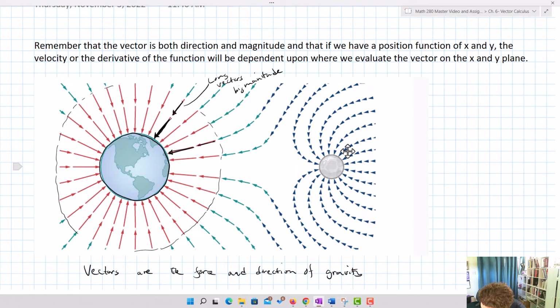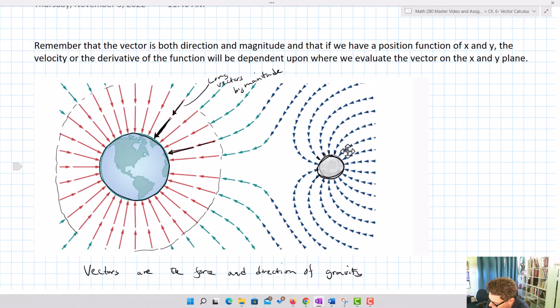Now on the other side, we've got the moon. And the moon's also a pretty big object, right? So close to the moon, we also have vectors of a certain length, and the closer that we are to the moon, we should expect that those vectors are going to be longer. The issue here, though, is that there are two gravitational fields, what we call fields, acting here.